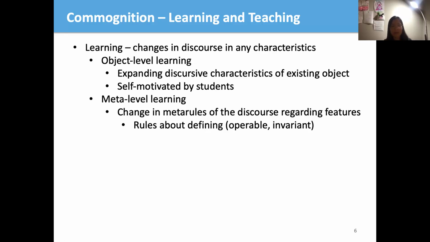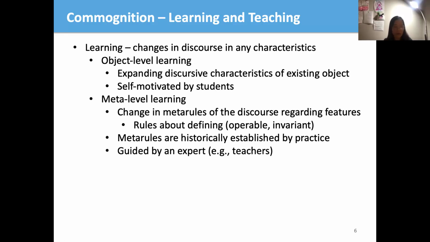Those are not necessarily a natural extension of student discourse, and those meta rules are historically established by practice. So it's not necessarily something that students can come up with on their own. So it has to be guided by an expert, for example, teachers in the classroom.